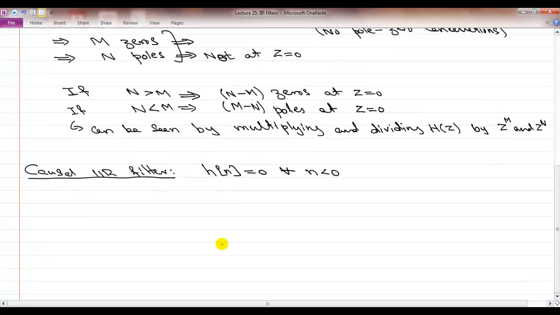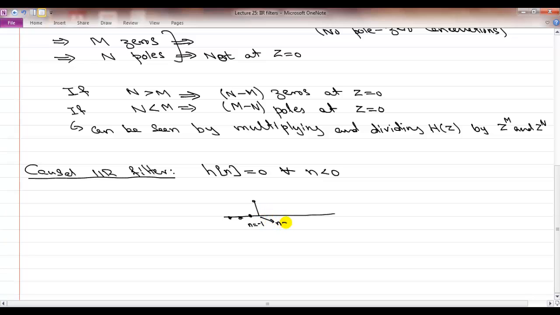Now, the question is, in terms of the Z transform, how can we figure out what the causality is? An IIR filter, if it's causal, looks like the following: it is 0 for all n before 0, and then it can be non-zero after n equal to -1.